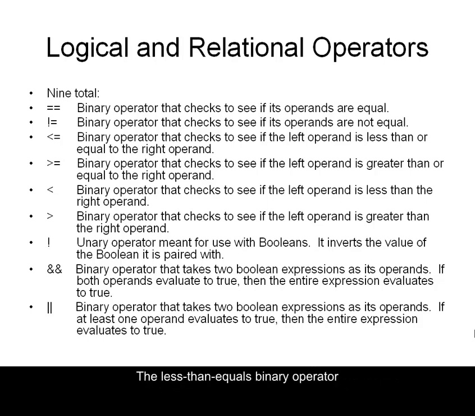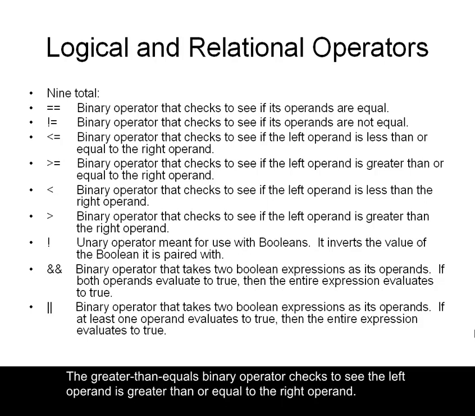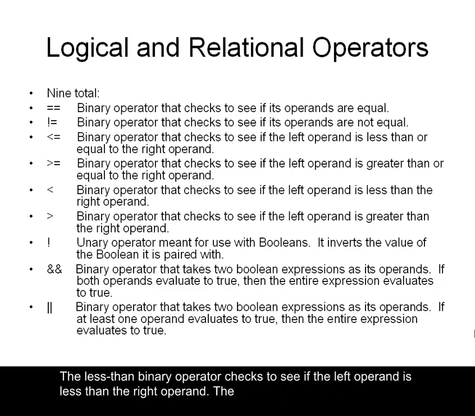The less than equals binary operator checks to see if the left operand is less than or equal to the right operand. The greater than equals binary operator checks to see if the left operand is greater than or equal to the right operand. The less than binary operator checks to see if the left operand is less than the right operand. The greater than binary operator checks to see if the left operand is greater than the right operand.